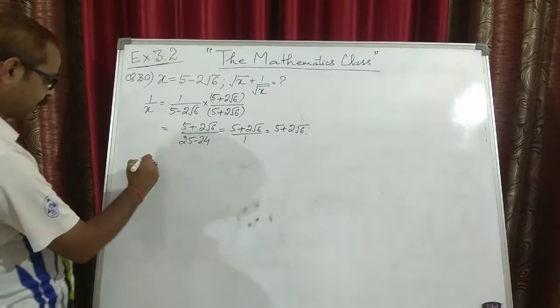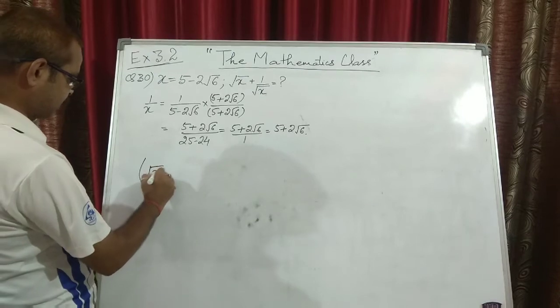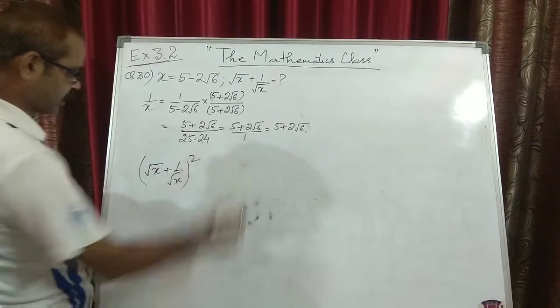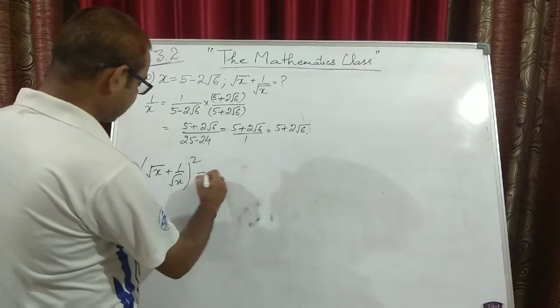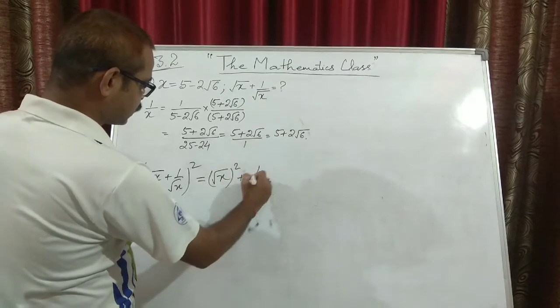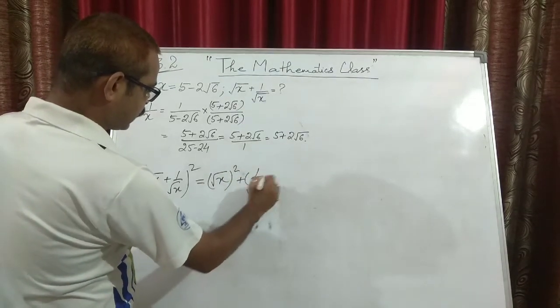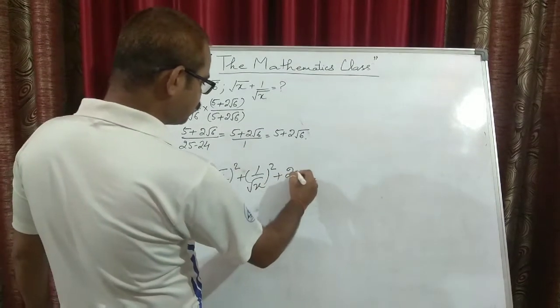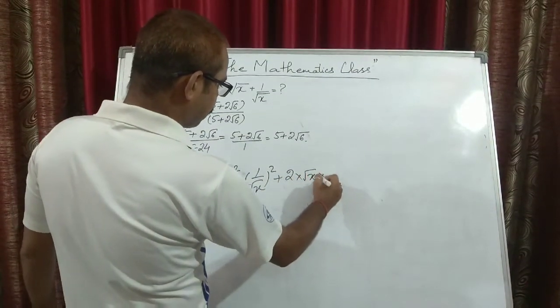We know that if I take root x plus 1 upon root x whole square, it can be written as a square plus b square plus 2ab.